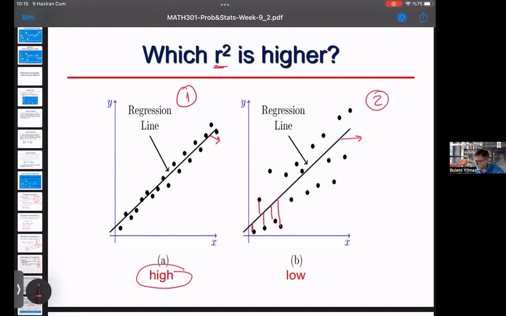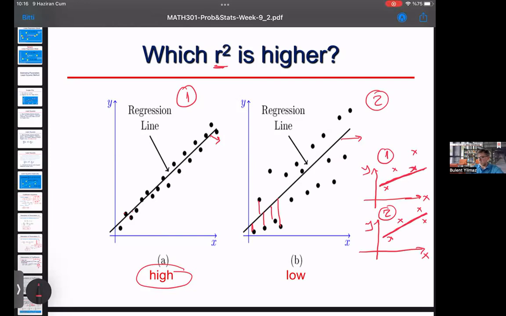Now I want you to tell me from chat, I have this data and I have such a line, and I have another data. This is x, this is y. This is my prediction line or regression line for the same data set.